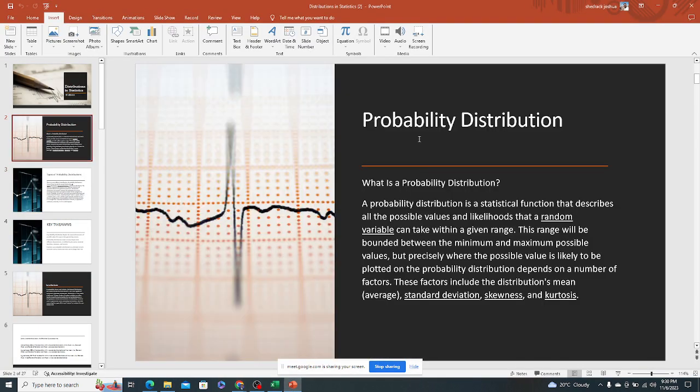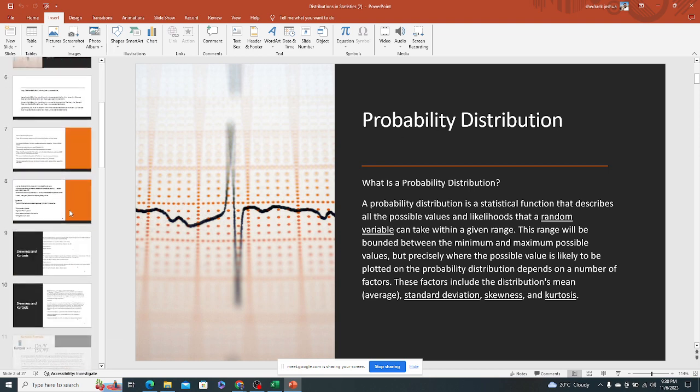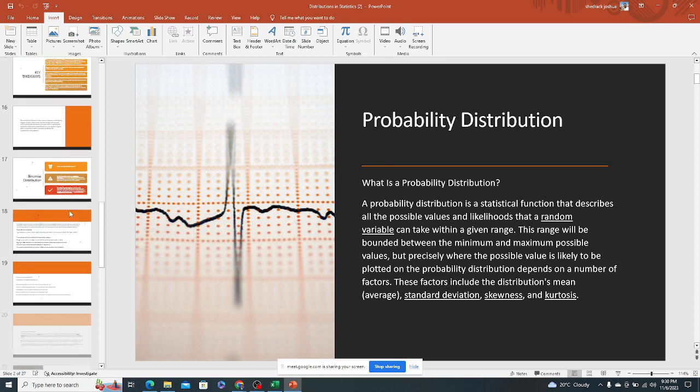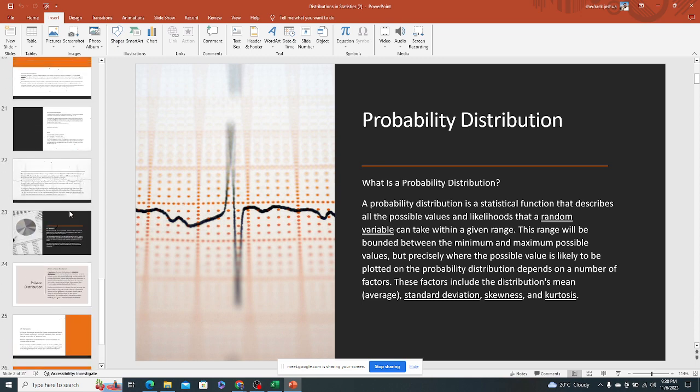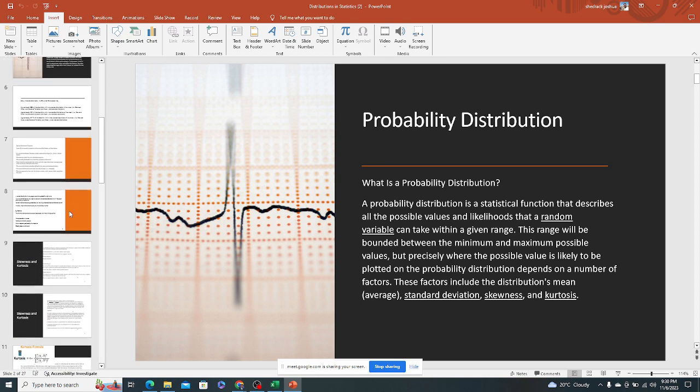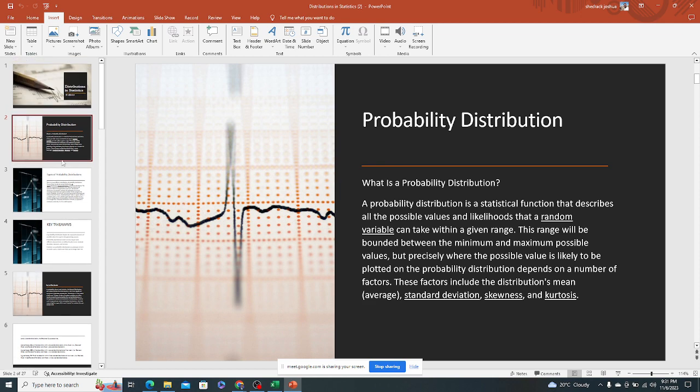Now we'll start with the probability distribution. Of course, I've introduced most of the things. So let's start with our class.